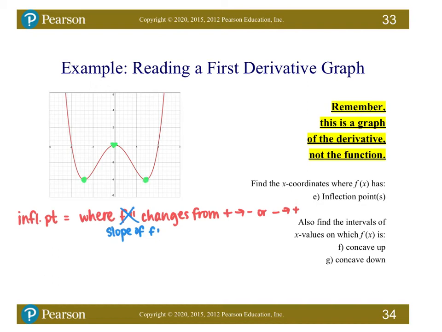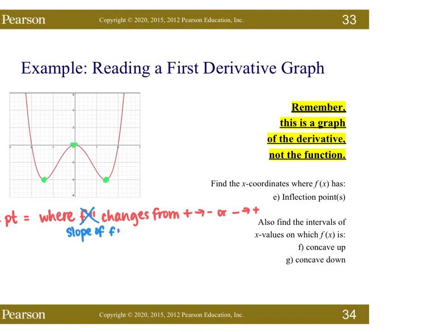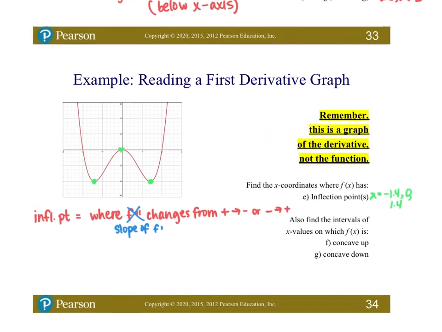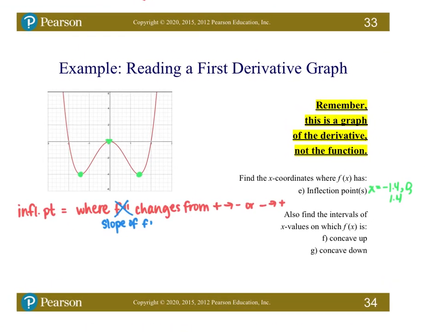So my inflection points are happening at x equals, that's roughly, I'd say, negative 1.4 and 0, and then positive 1.4. Okay, now let's do concave up.